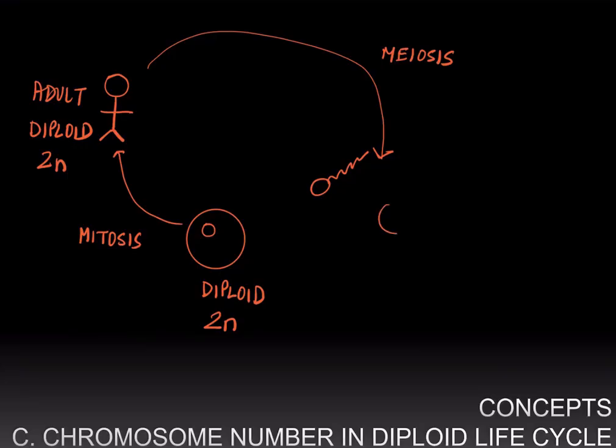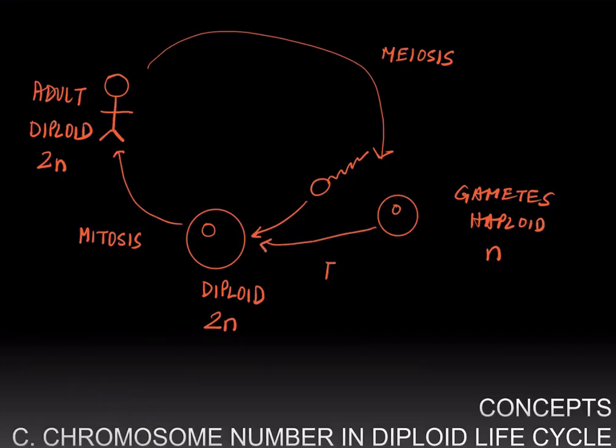So you may get sperm, you may get eggs, but these gametes are going to be haploid, and therefore they will only have n chromosomes, and then these gametes are going to undergo fertilization, and each gamete brings with it n chromosomes, and therefore in the zygote you end up with 2n chromosomes.